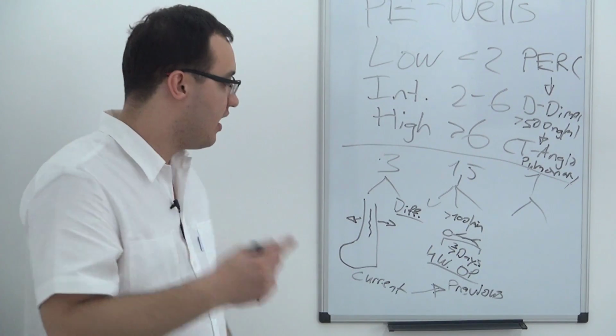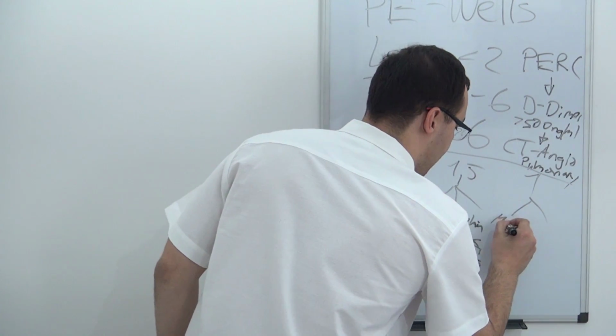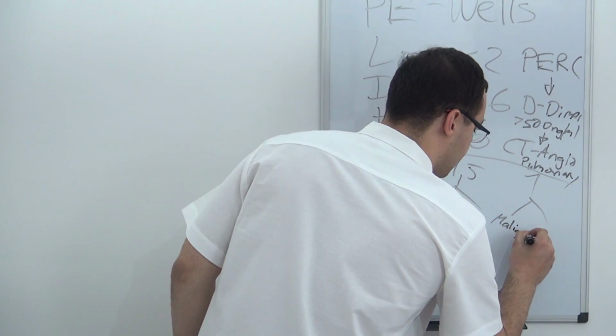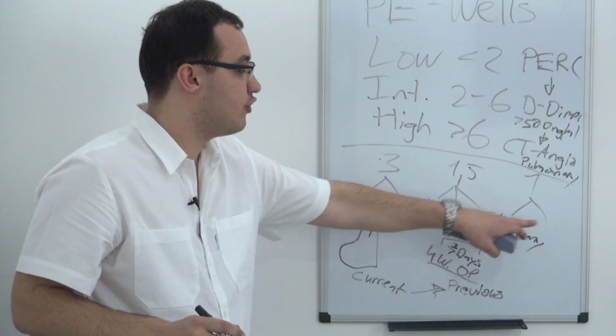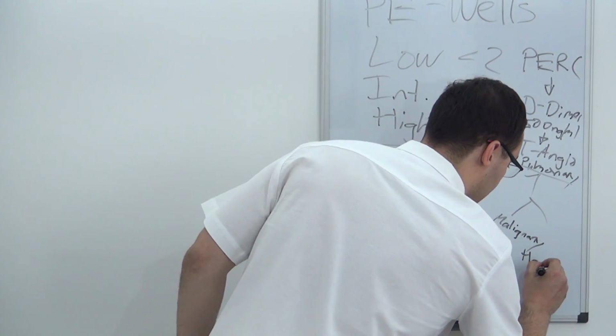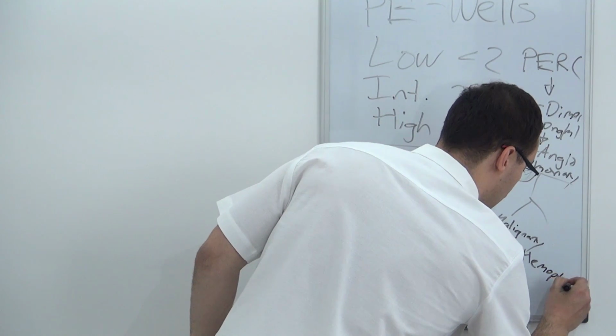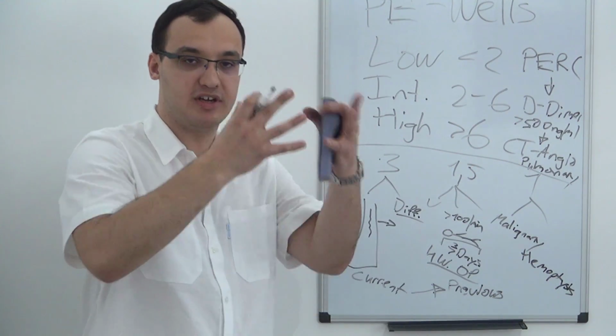You see? And the last 2 points can be given for malignancy. So tumors, malignancy, and the other is dyspnea, hemoptysis. Hemoptysis, which means that you are vomiting blood.